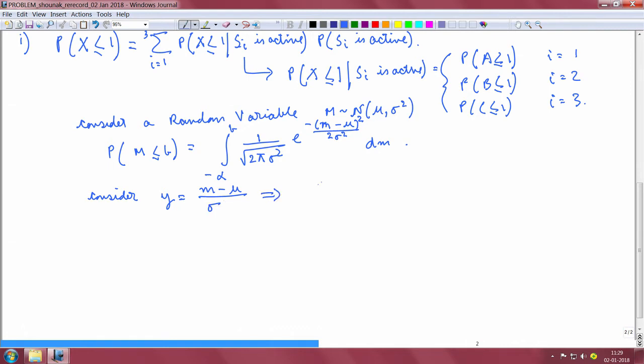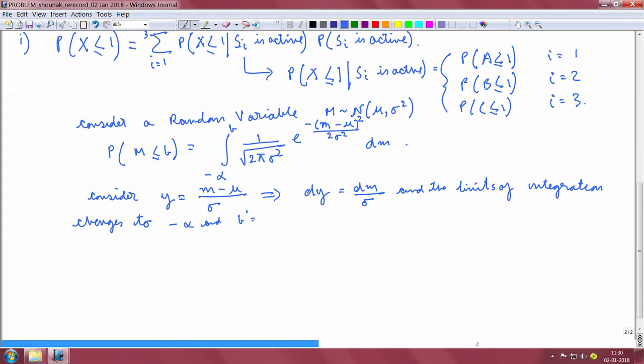This implies that dy is equal to dm by sigma, and the limits of integration change: minus infinity remains the same, and the upper limit becomes some b dash, which is nothing but b minus mu by sigma.